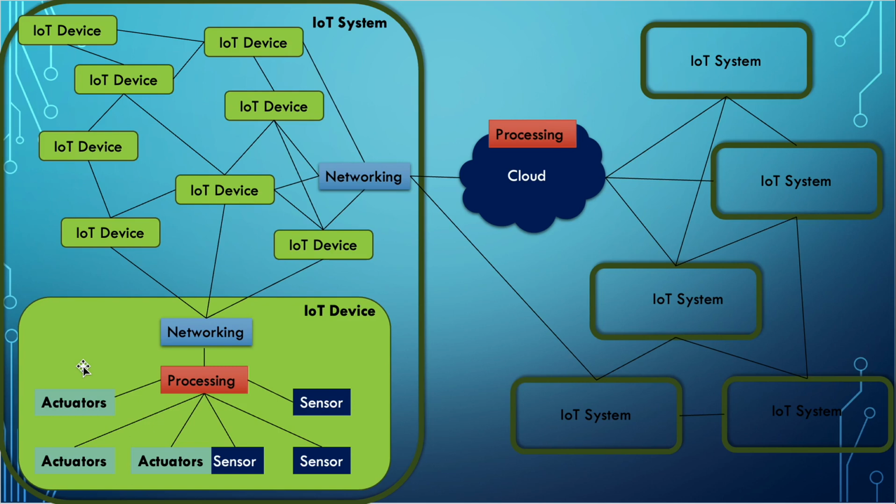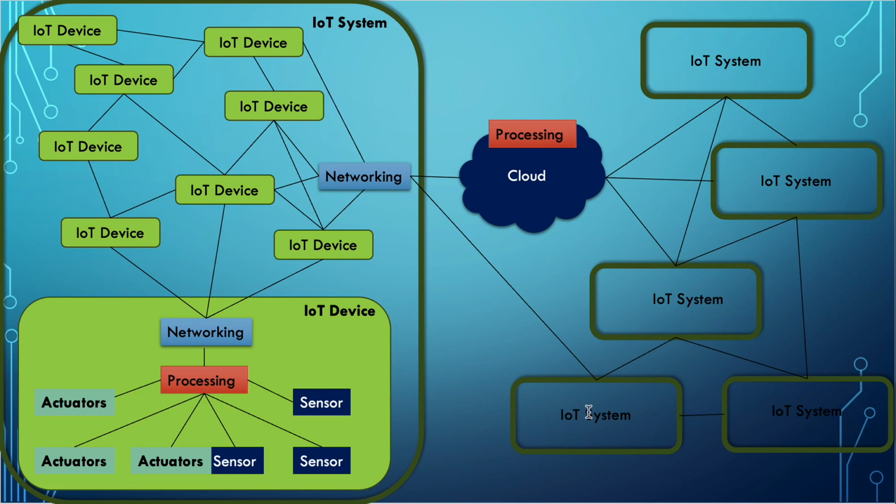That device would communicate to other IoT devices, and through that it would be connected to the network of things, the Internet of Things, through networking, where the IoT system would have the ability to connect and use cloud resources or information or data from other IoT systems.